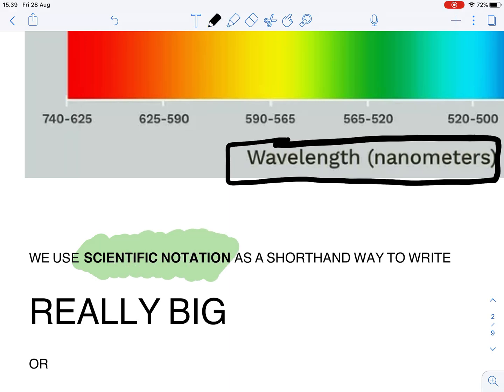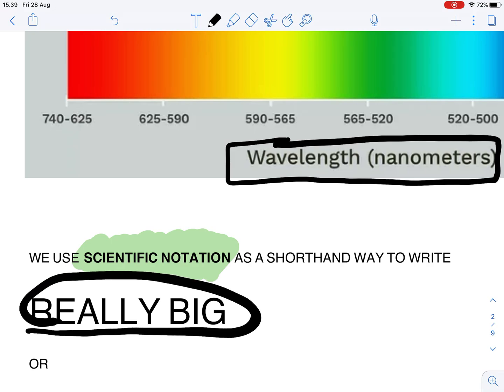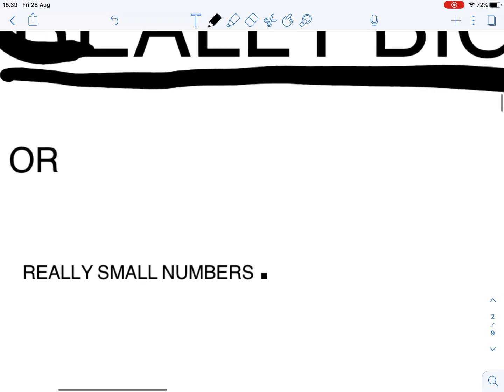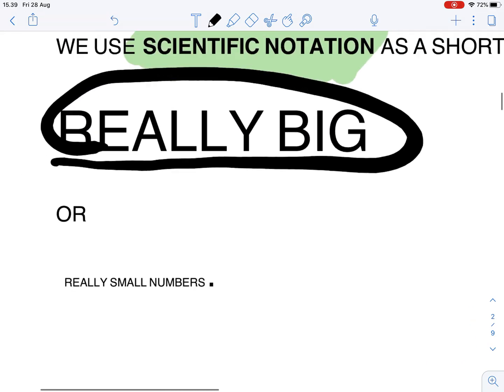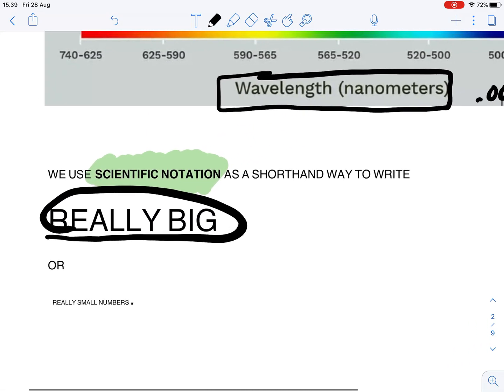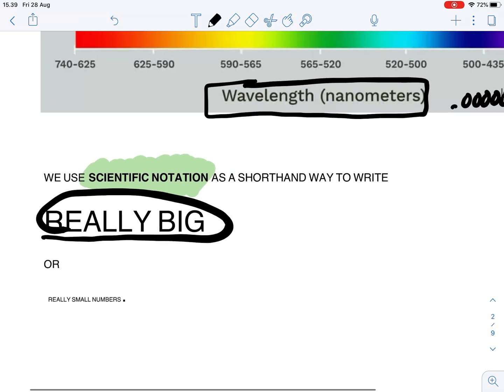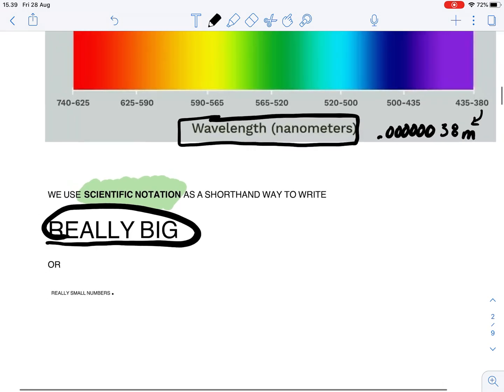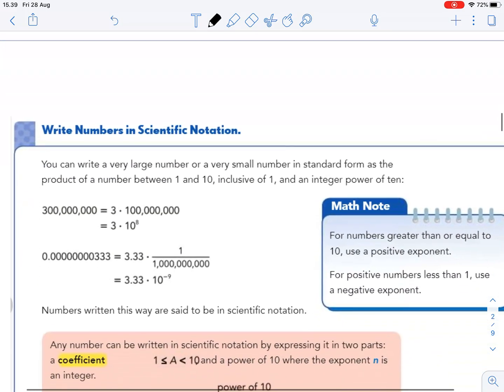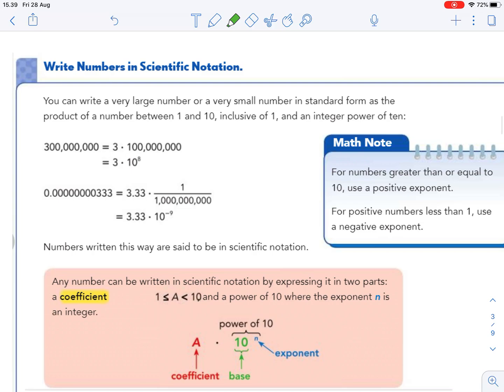Scientific notation is just an easy, shorthand way to write really big or really small numbers. This is to save time, save space, save resources. So what is scientific notation?